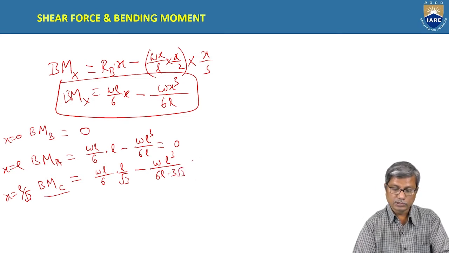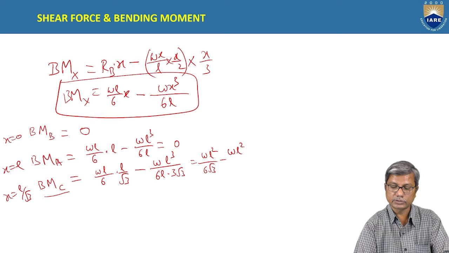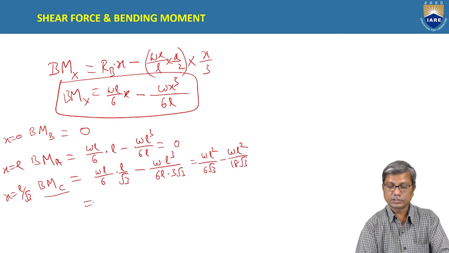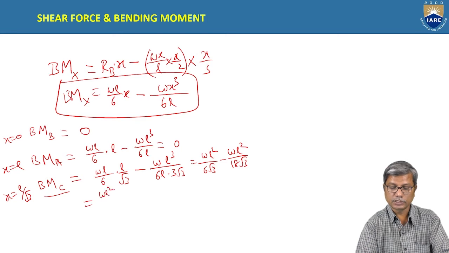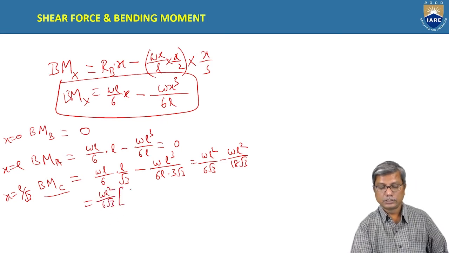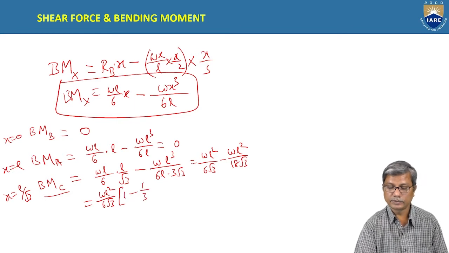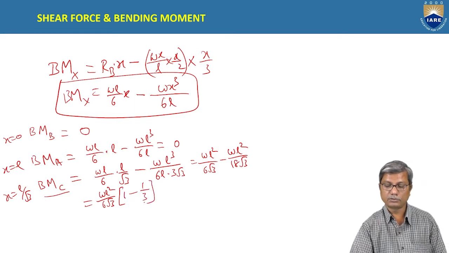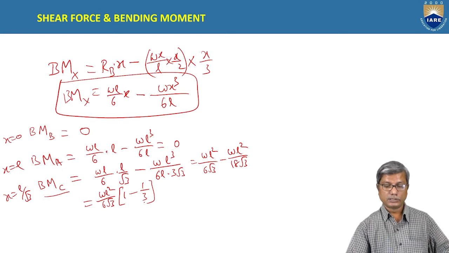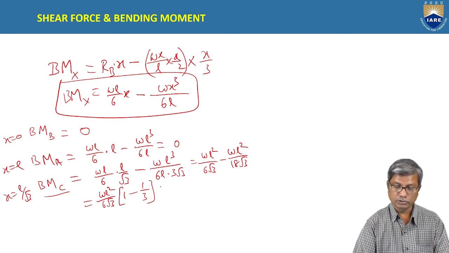So you'll get this value as WL square by 6 root 3 minus WL square by 18 root 3. So this comes out as WL square by 6 root 3 into 1 minus 1 by 3, that you will get 2 by 3 here.